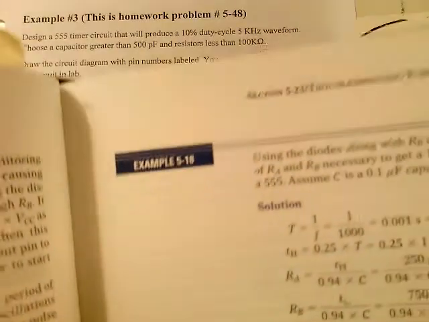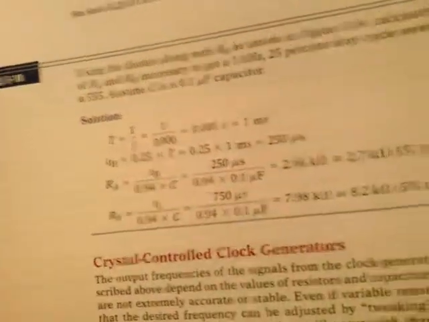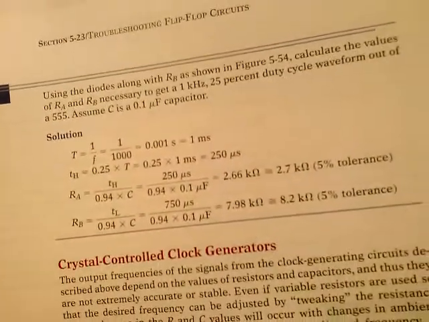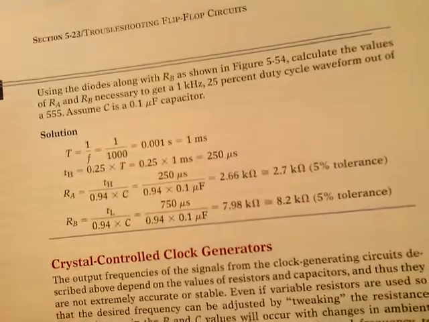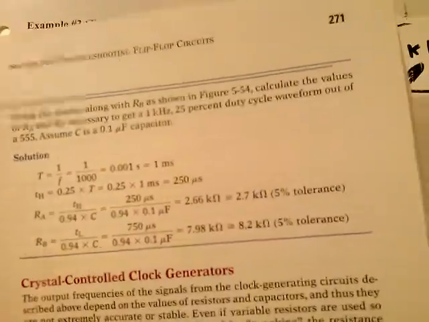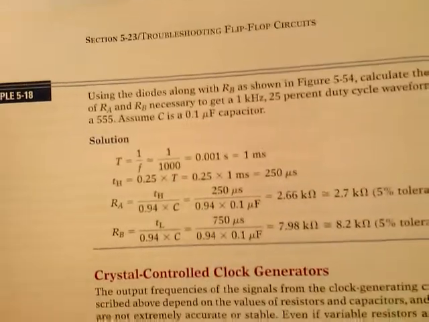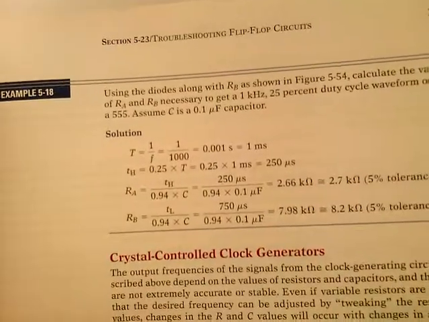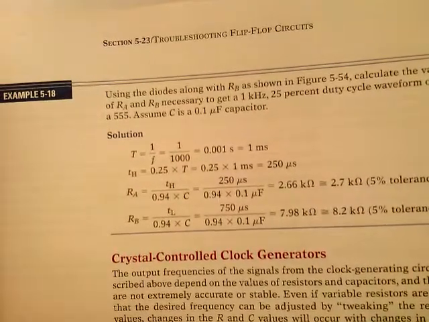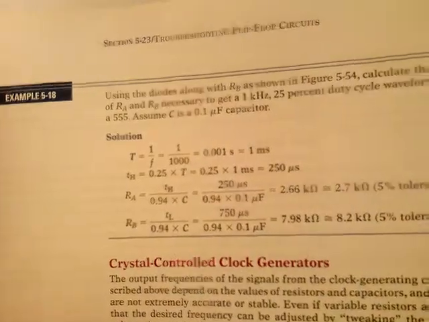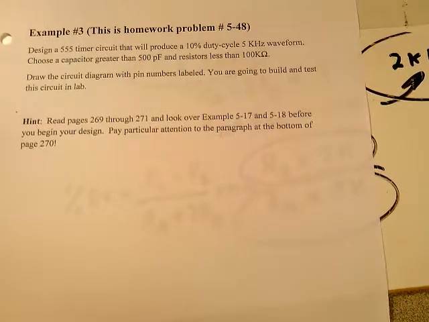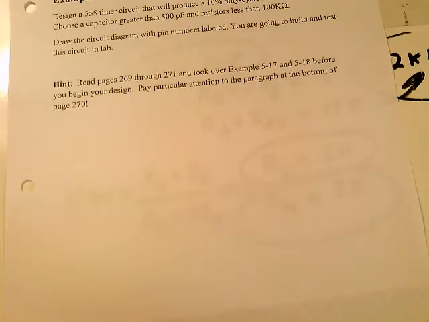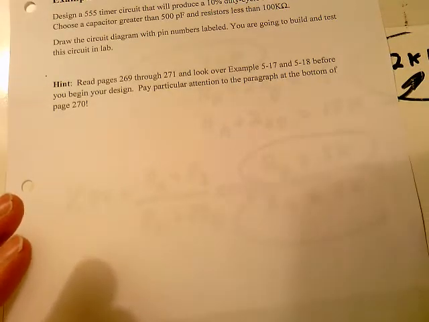And example 518 is a very good example to show you, in this case, how to get a 25% duty cycle. Hope you can find that in the book. It's on page 270, 271 here in the textbook I'm using. Example number 3, you have to get that ready for lab. And that concludes the lecture.